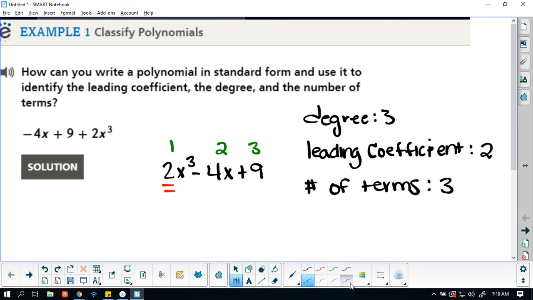So when we are doing addition or subtraction, the values between the operations are terms. When we're doing multiplication or division, those are factors. So these are each terms. This is going to be a trinomial.